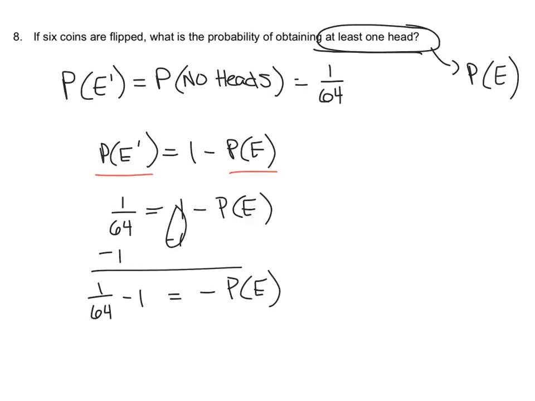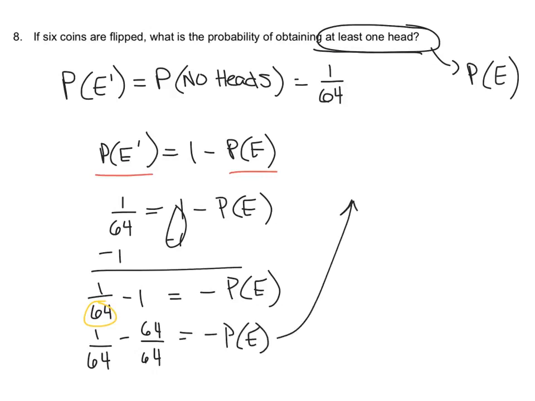Since I want a common denominator of 64, I'll just rewrite 1 as 64 over 64. So we'll go up here and finish our calculation.